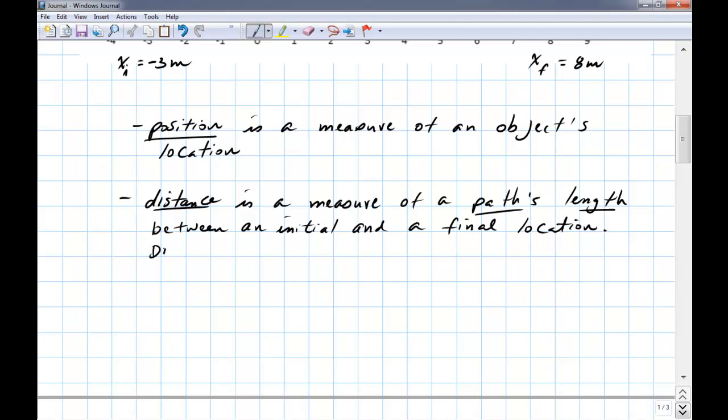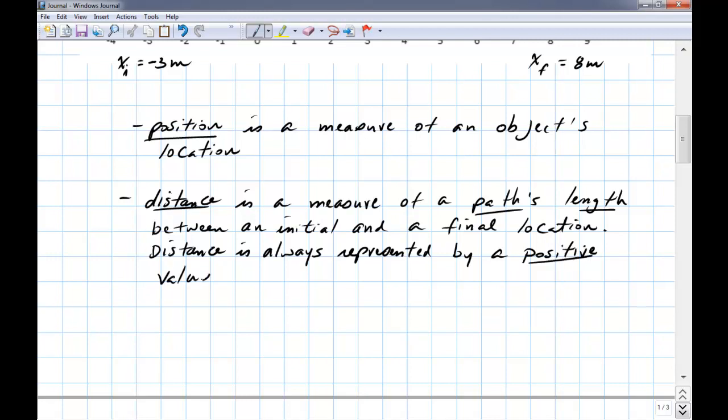We want to also note that distance is always represented by a positive value. In other words, there's no such thing as negative distance.